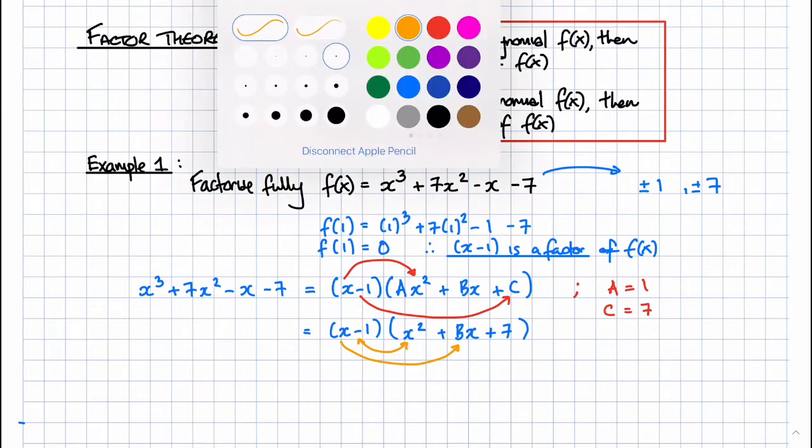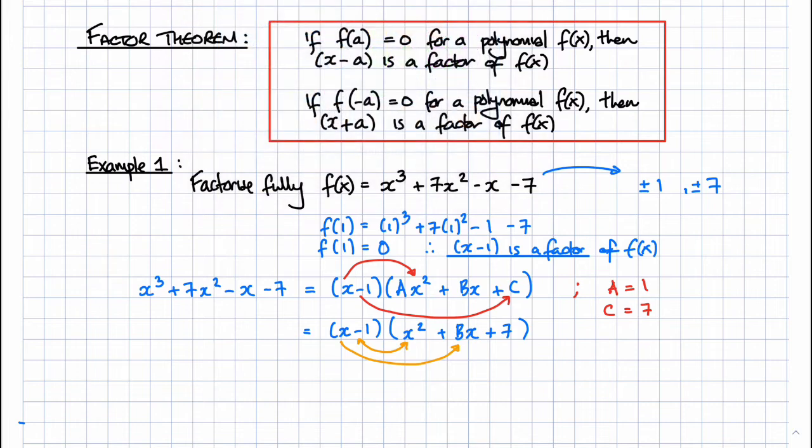Now, I might need to do a little bit of work on the side over here. So we're going to say, well, on the left hand side we have 7x squared. So 7x squared is going to be equal to bx squared, which is the product of these two terms, and minus 1x squared, which is the product of those two terms.